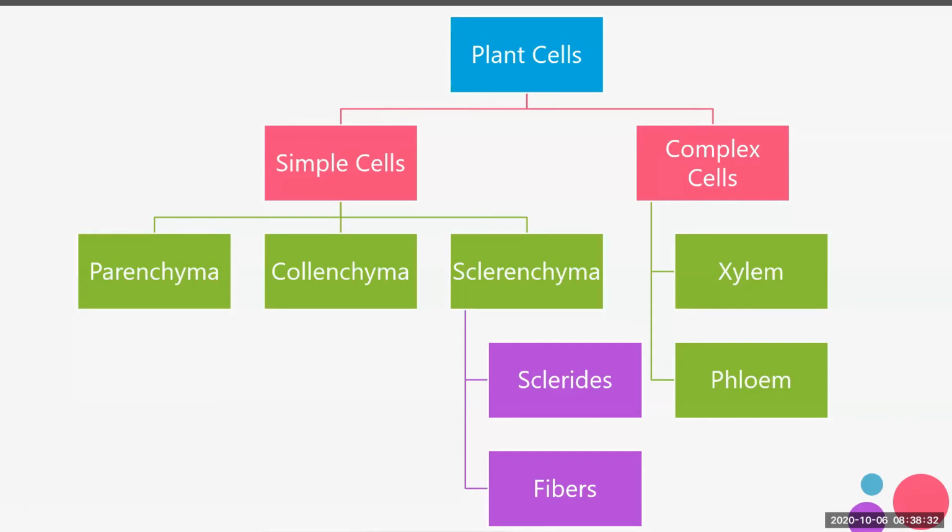For simple cells, we have the parenchymal cells, collenchymal cells, and sclerenchymal cells. For complex cells naman, we have xylem and phloem. So itong 5 yung i-discuss natin.